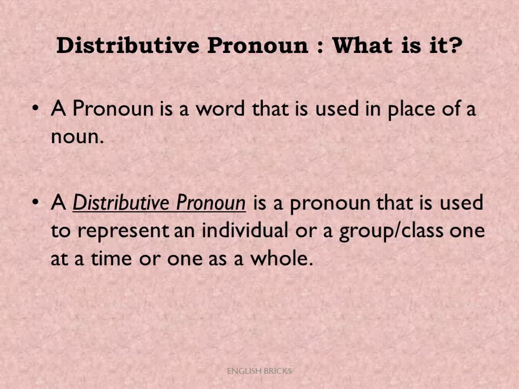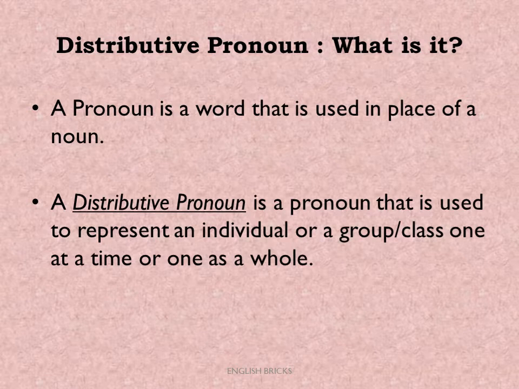A distributive pronoun is a pronoun that is used to represent an individual or a group or a class, one at a time or one as a whole. Understood? Confusing? What it means is that a distributive pronoun refers to either one individual, or there is one particular group or one particular class.